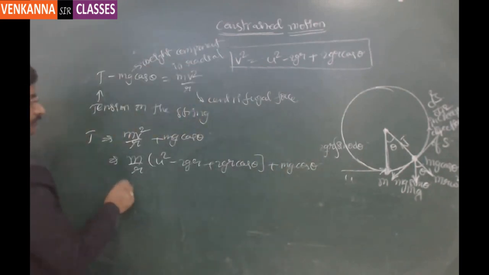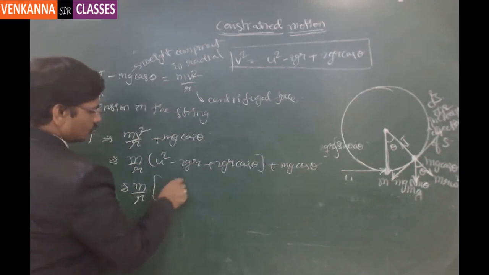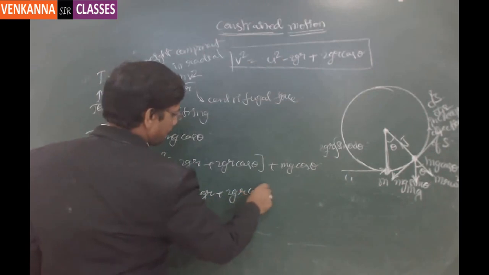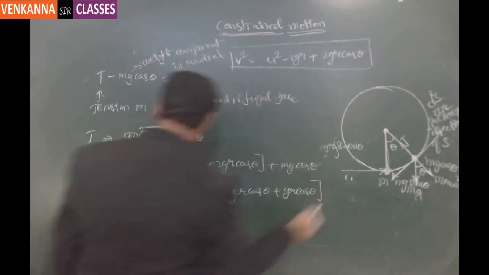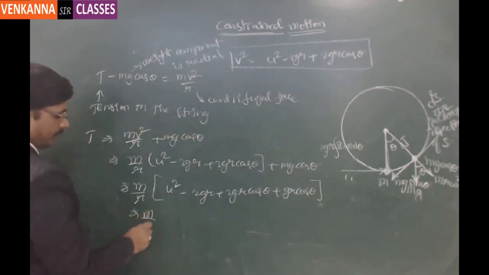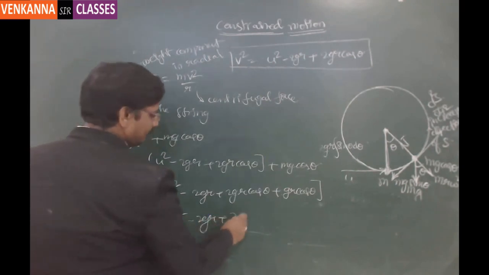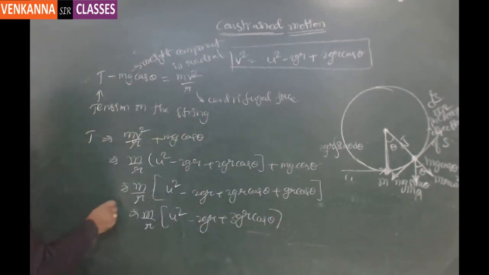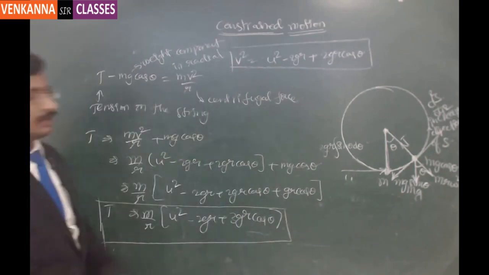Now if you take out m by r, it is going to be u square minus 2gr plus 2gr cos theta plus gr cos theta. So this is going to be m by r times (u square minus 2gr plus 3gr cos theta). This is the relation of tension with the initial velocity and the angle theta.